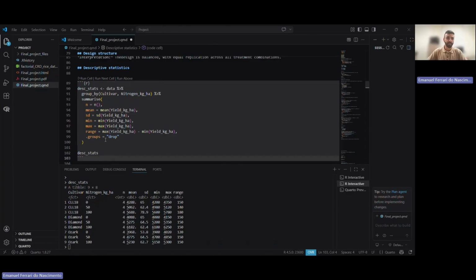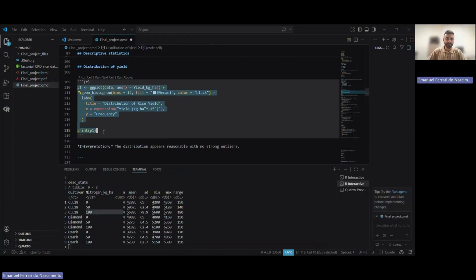From the descriptive analysis, we can see that the yield increases with the nitrogen level for all the cultivars. For example, if we take the first cultivar here, we can see that this cultivar had the highest yield when we used the highest level of nitrogen, 100.